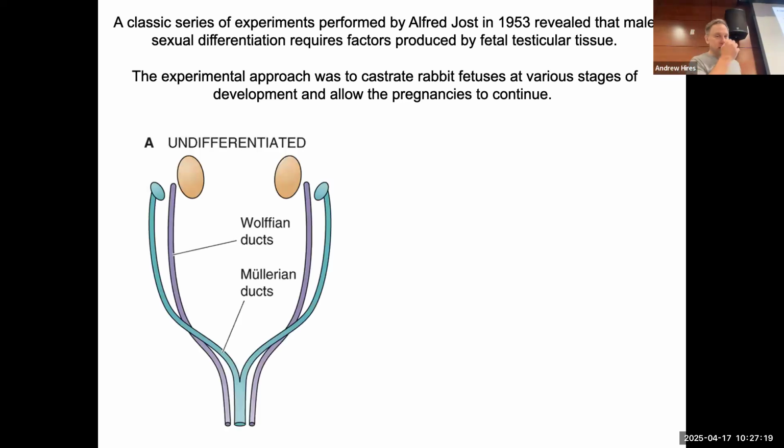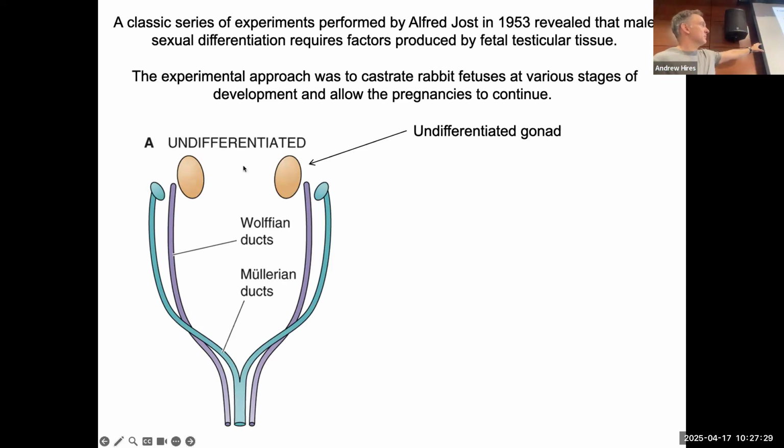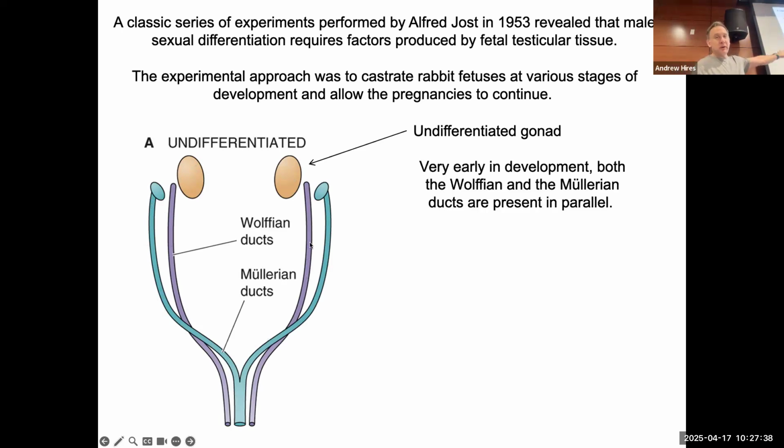Okay, so in the first case, we have this undifferentiated case, right? This is our undifferentiated gonad early on. It has bipotential. It can become testes or it can become ovaries. You have the male Wolffian and the female Mullerian ducts. They're both there early in development, present in parallel.